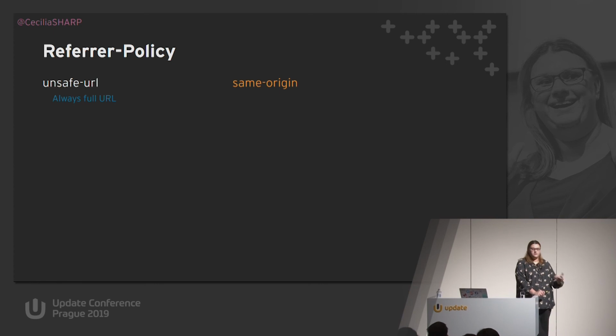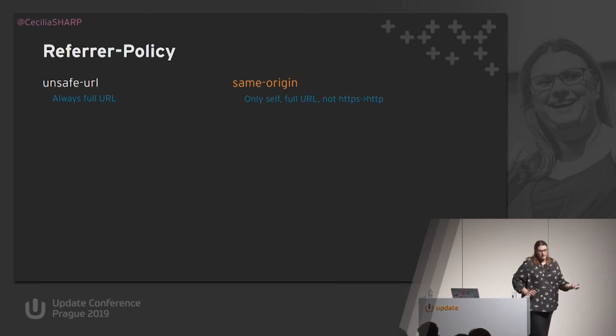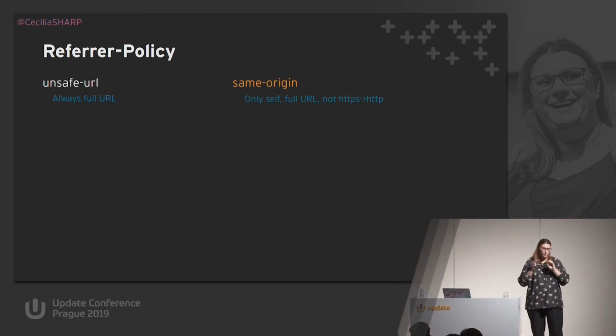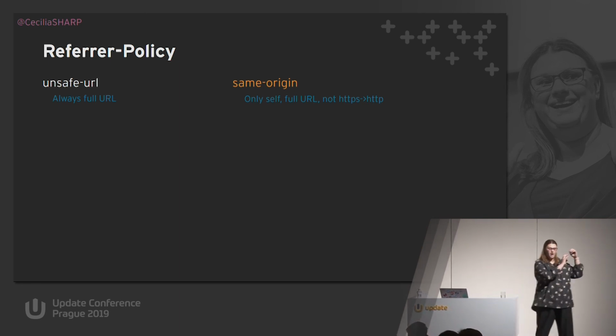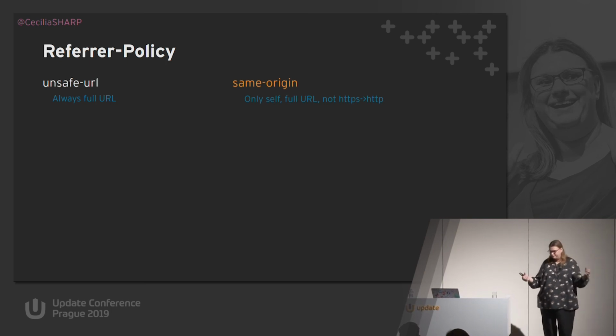We can also say same-origin. And with same origin, we say it's OK to allow the full URL, but when we are moving from HTTPS to HTTP, don't include it. So when you go from encrypted communication to non-encrypted communication, we're not going to send it. So it will not be detected on the network.